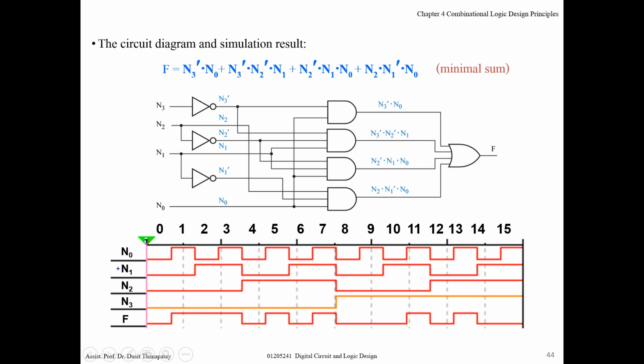After that, you may test the circuit by applying values of N3, N2, N1, N0. For example, this chart is called a timing diagram.